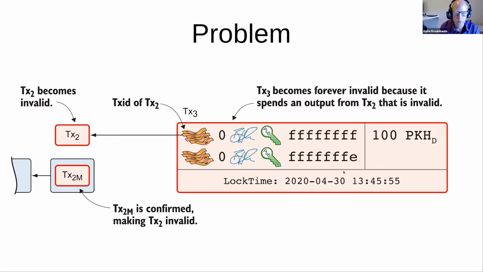is now also invalid. And this could be some kind of smart contract, or it could be a Lightning network channel or something like that. We haven't talked about the Lightning network, but the Lightning network is a payment network on top of Bitcoin, which doesn't use the blockchain for its payments.